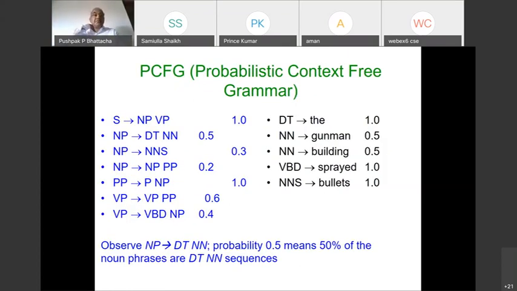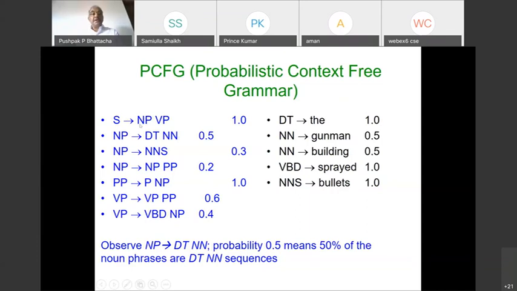So to establish this discussion, I draw your attention to probabilistic context-free grammar, which is again a very nice innovation in NLP. Context-free grammar existed, and Chomsky's contribution to capturing language in a formal framework is just immense, very noteworthy.